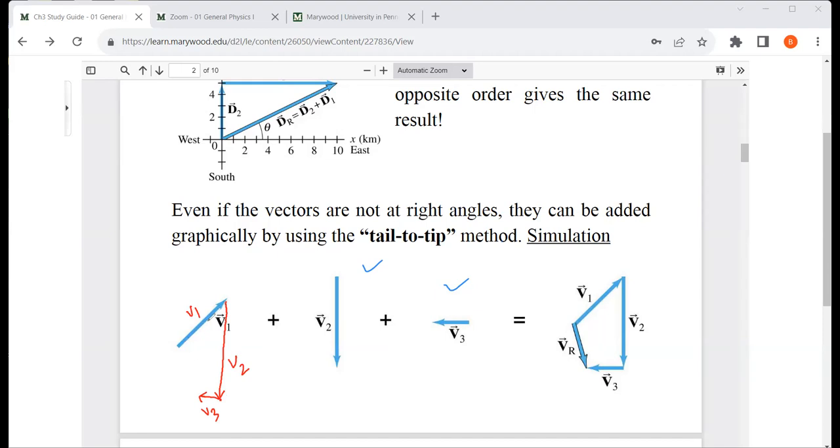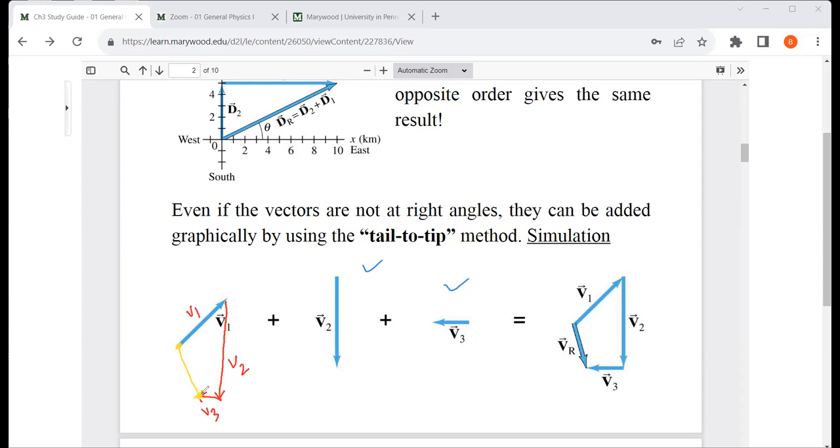Here you see v1 is this one and v2 is downward, so I keep the direction the same, and v3 is along the west, so I also keep the same direction for v3. Once you have that, the resultant of these 3 vectors will be a line that starts from the tail of the first vector to the tip of the last vector. So this is the resultant.